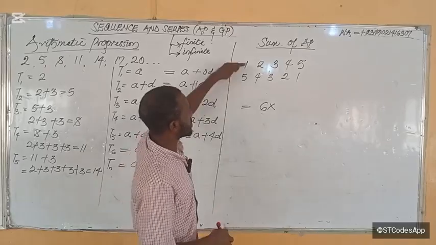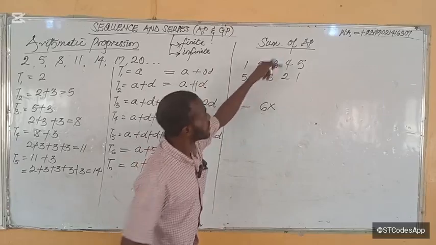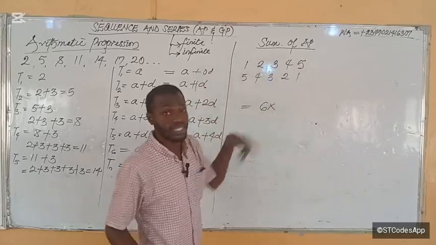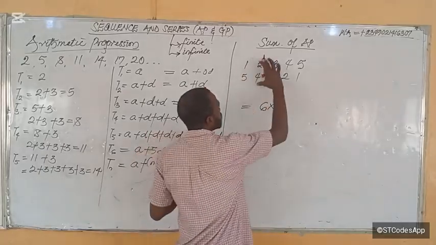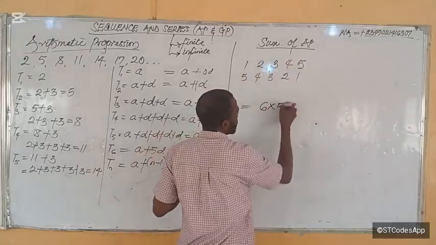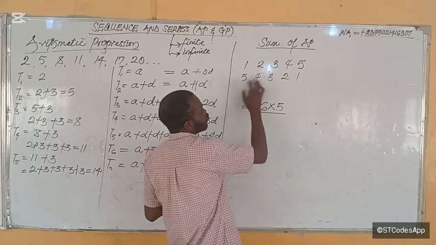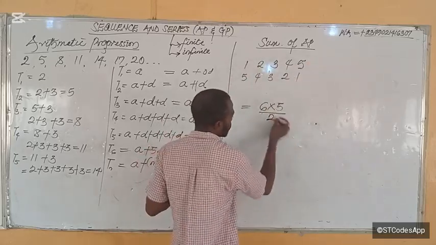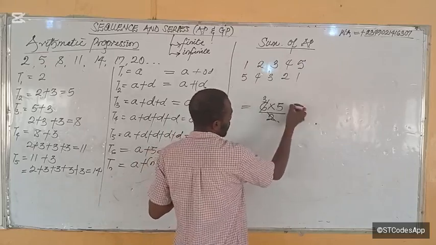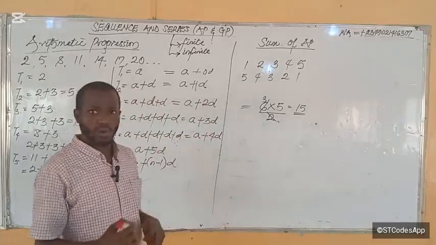Notice that if I add this pair, it gives me 6, this pair, 6, this pair, 6, this pair, 6, right? How many times did 6 appear? 1, 2, 3, 4, 5. 5 times. Then divide by 2 because I made it into 2 sections like that. Here 1, here 3. And we'll get 15. So somebody might say, whoa, does it work for every other series?